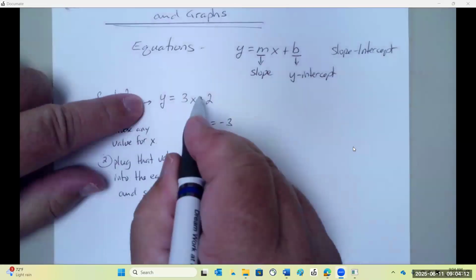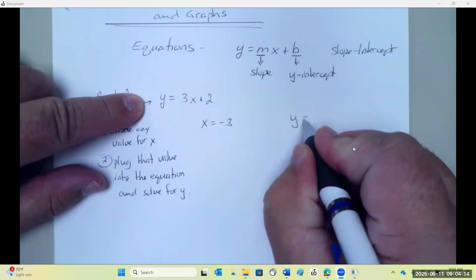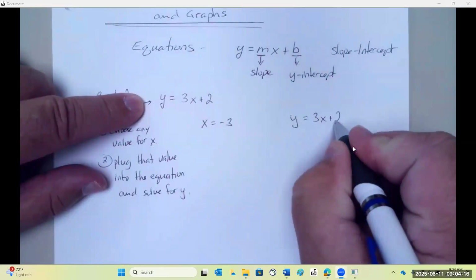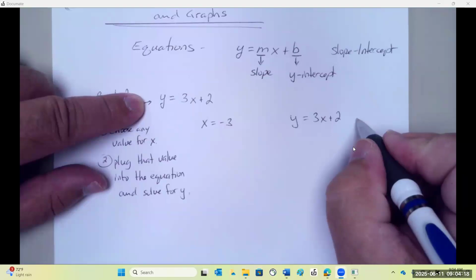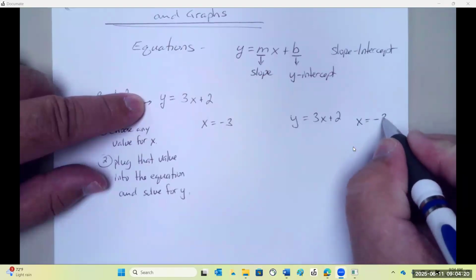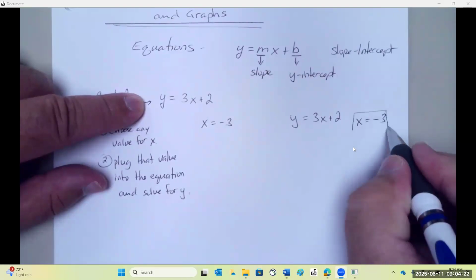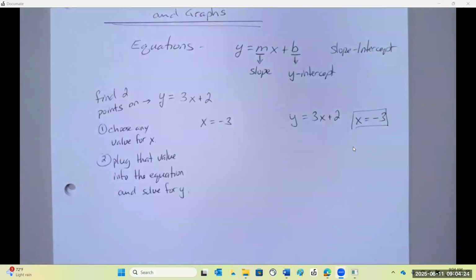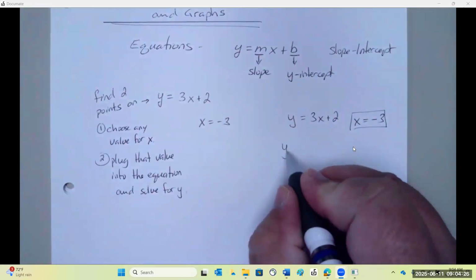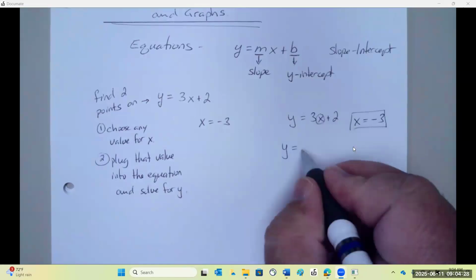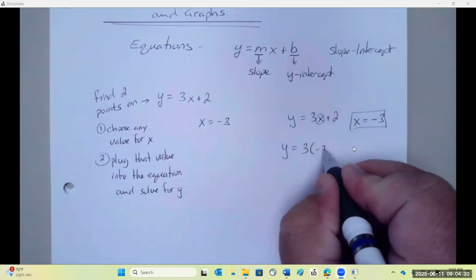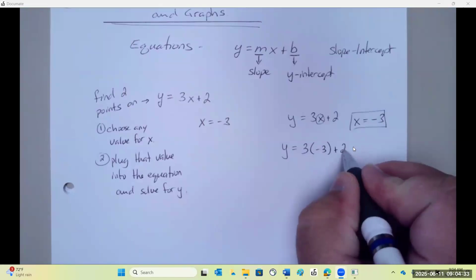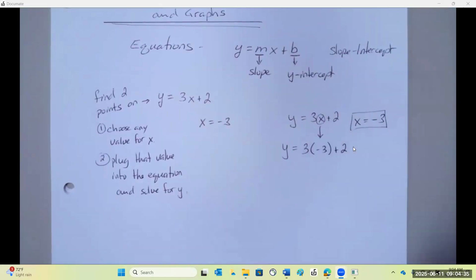So here's my equation. I'm saying that y is equal to 3x plus 2. I'm saying x is equal to -3. So anywhere I see an x, what do I put in its place? Yes, anywhere I see an x, I put a -3. Pretty easy, straightforward.